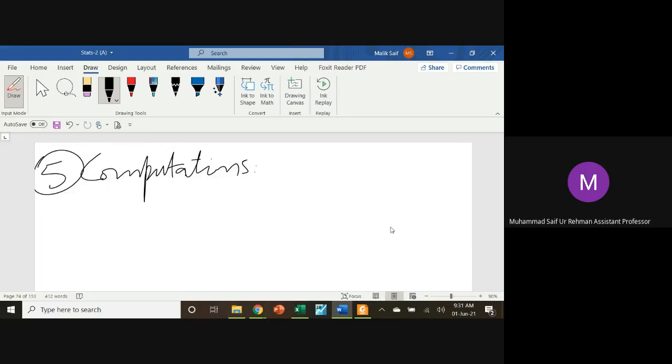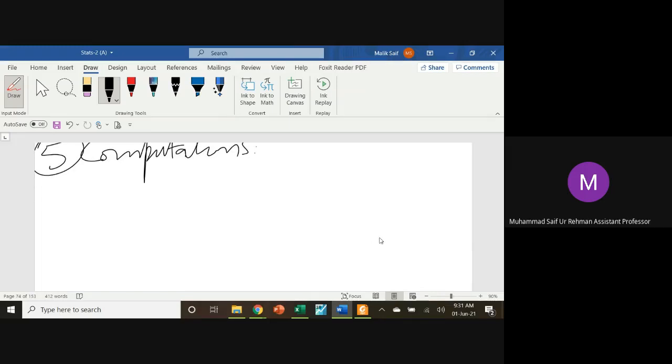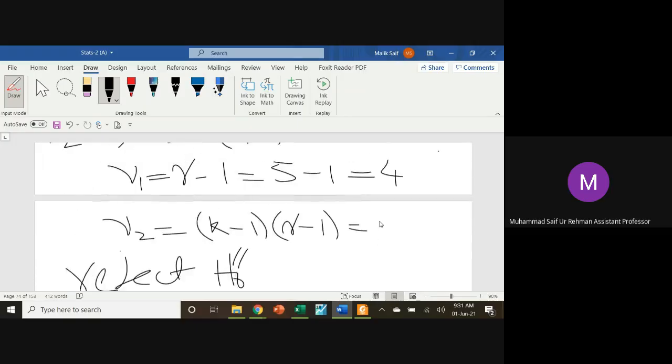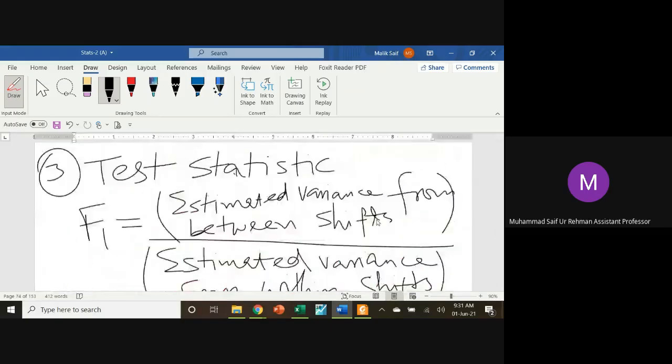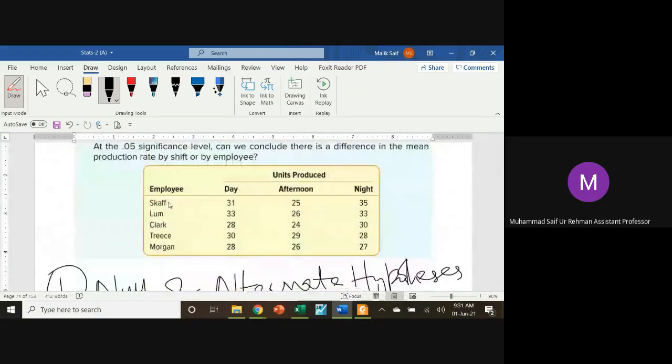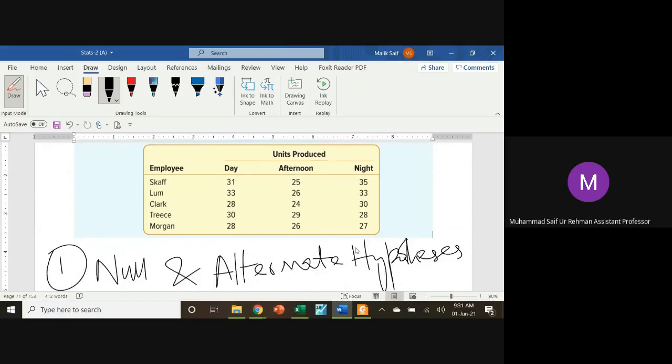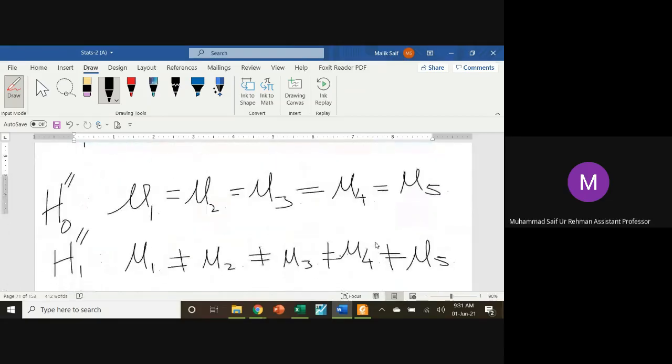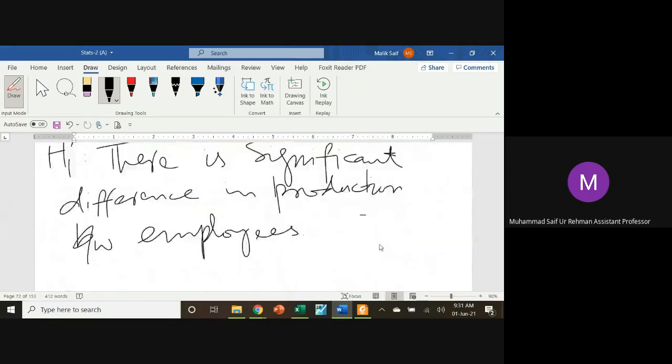As that will be a big table, I am not going to write down the employees' names. I can say that the first name means employee A, then employee B, employee 3, employee 4, employee 5, and day shift, afternoon shift, and night shift. Or you may also write shift 1, shift 2, and shift 3.